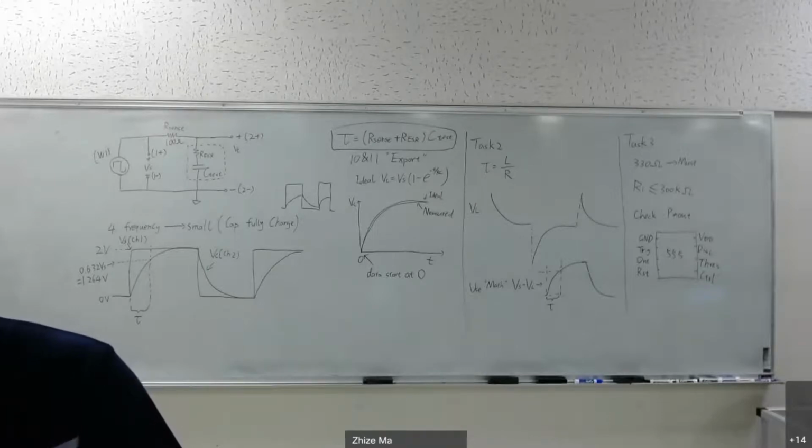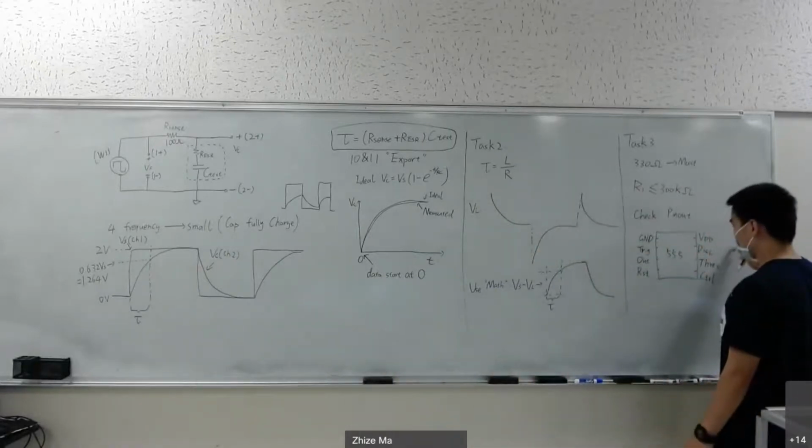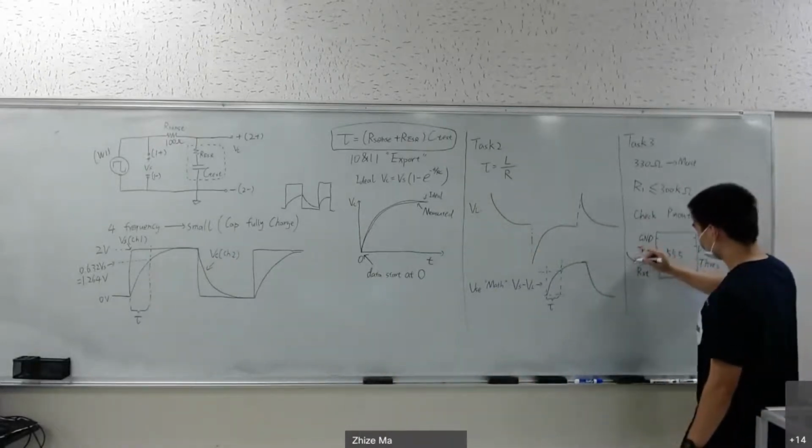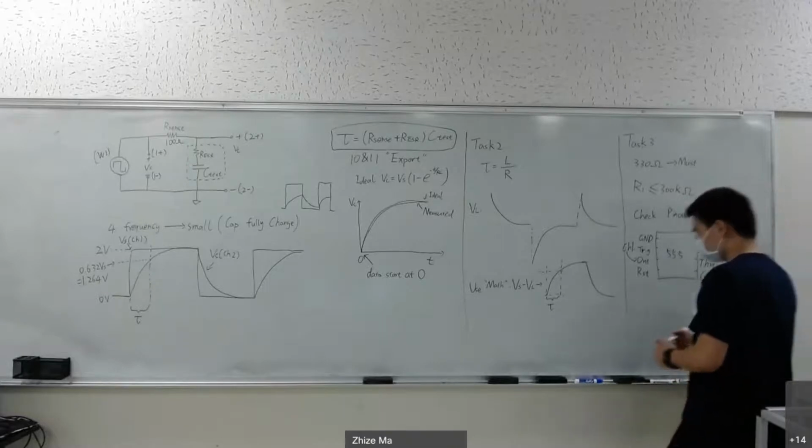You can use channel 1 to measure the output voltage, which is the out pin of the 555 timer, and you can use channel 2 to measure the threshold voltage.